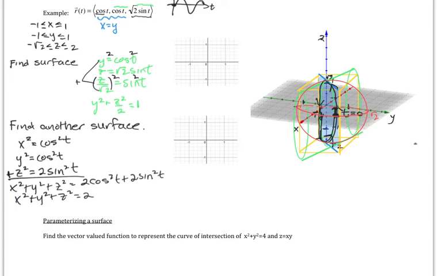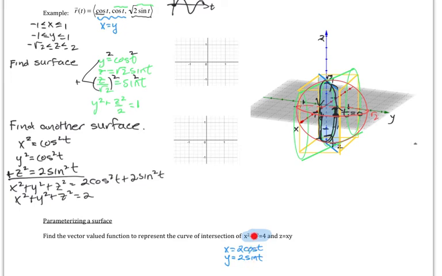Well, first of all, when I see this cylindrical, a cylinder here, then I'm going to go ahead and use x equals cosine t, y equals sine t, but z equals 2 cosine t, 2 sine t, because the radius is 2. If I eliminate the parameter, square this, I get 1.